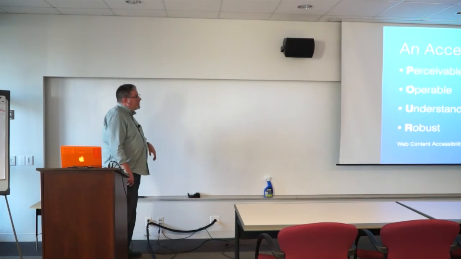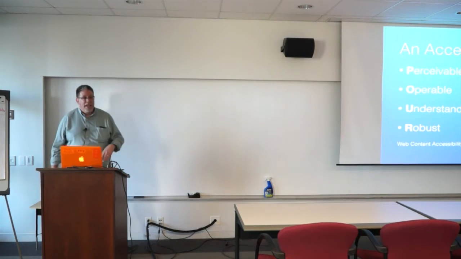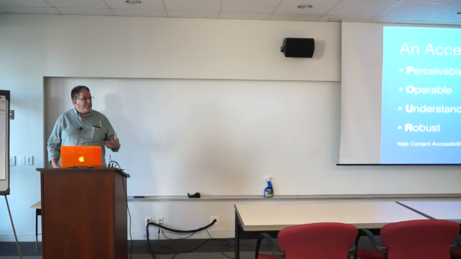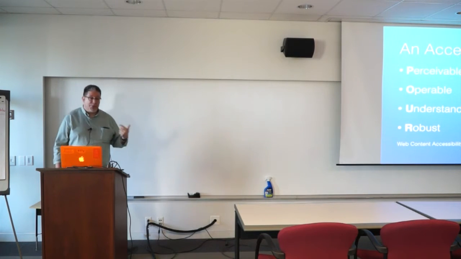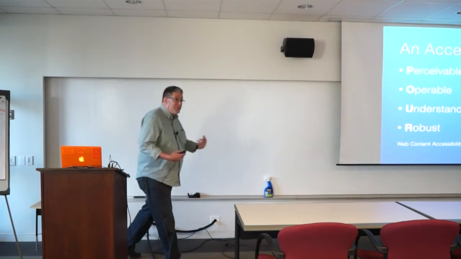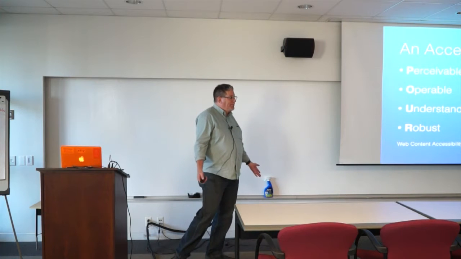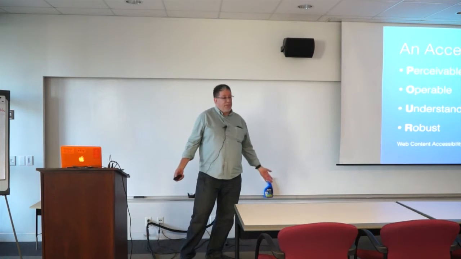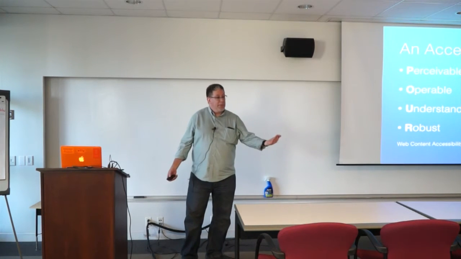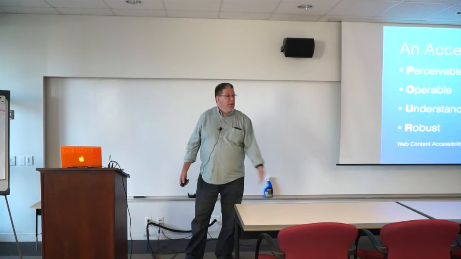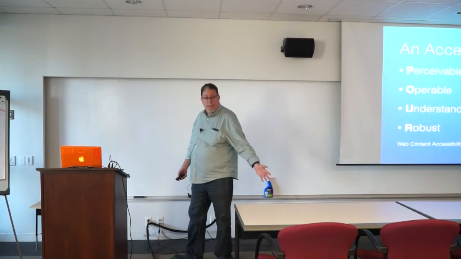If you do a Google search on these guidelines, they tell you specifically the things you need to do, and they're basically grouped into 4 categories. Perceivable, so you should be able to perceive that something is there. Say you have an image. How do you know that image is there if you can't see it? That would be perceivable. Operable, can you navigate a website without a mouse, just a keyboard?